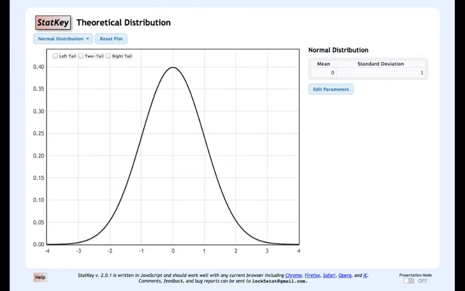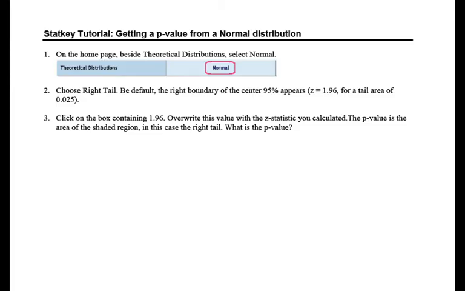We'll stick with the standard normal distribution. I'm going to select right tail, which automatically brings up the right 2.5%. So we have selected right tail, and we see that z equals 1.96 for a tail area of 0.025 is what appears automatically. We're going to click on that box containing the 1.96 and overwrite it with our z-statistic.